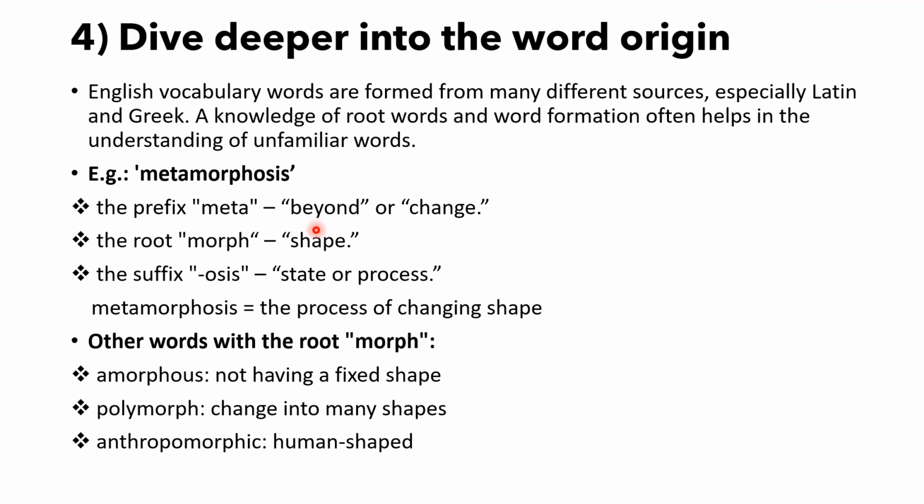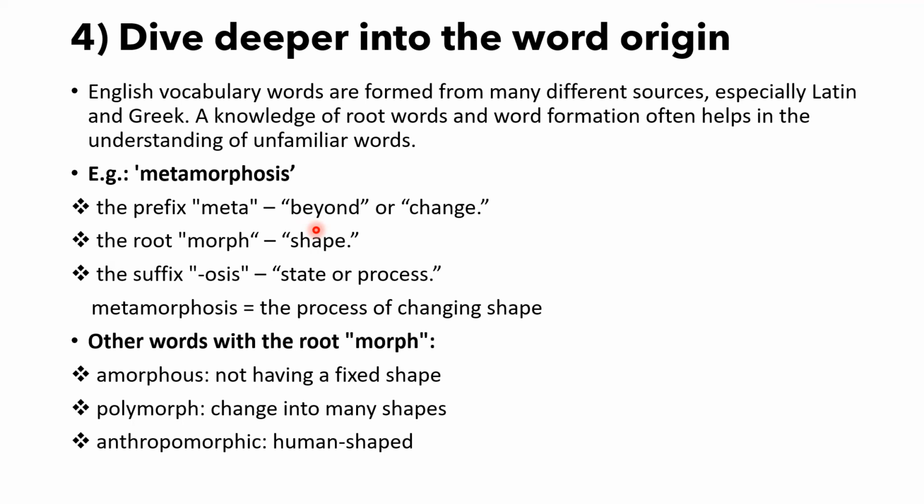And the root morph, which comes from another Greek word, means a shape. And the suffix osis, O-S-I-S, comes from Greek as well, and it means a state or process. So when you break down the words into these units and then you learn the meaning of the units, you try to guess the meaning of the words by breaking them down, it will really help you.